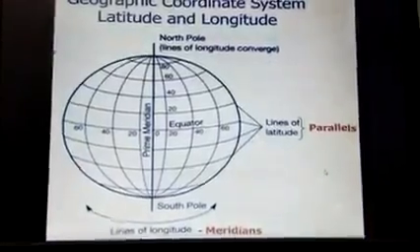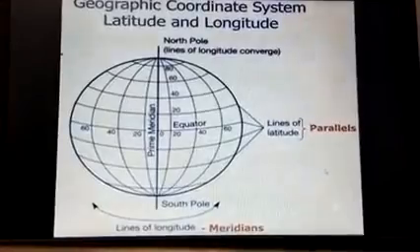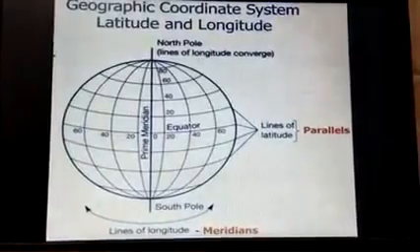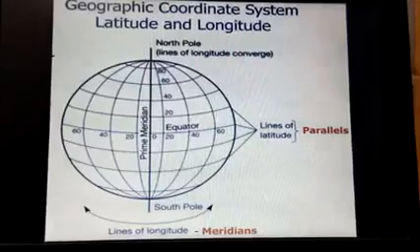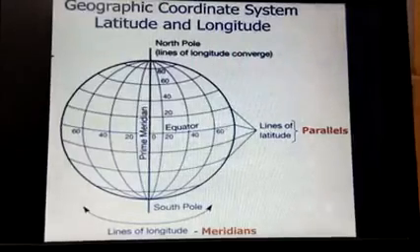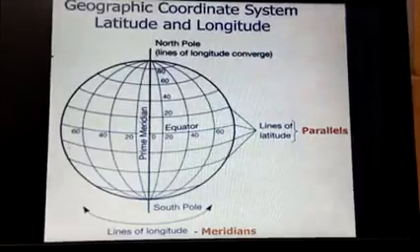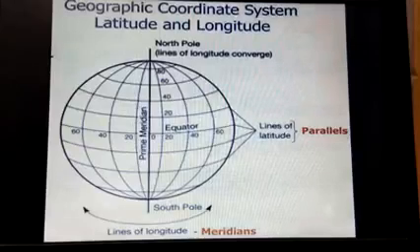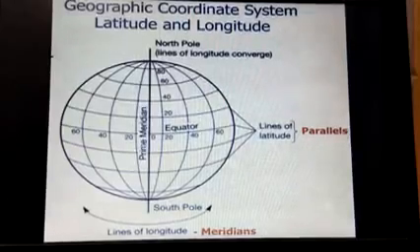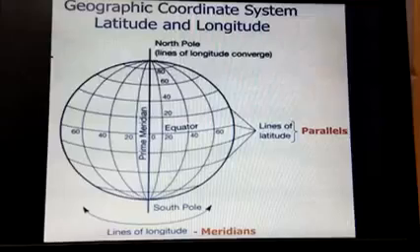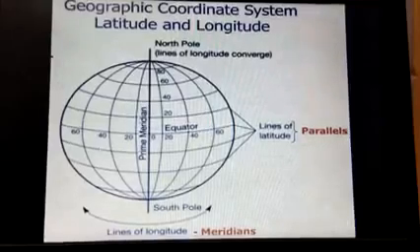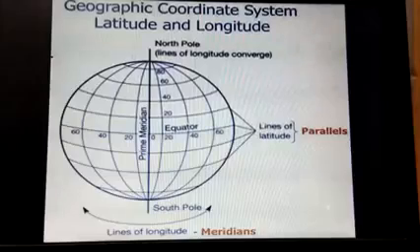See, here we have the geographic coordinate system of latitudes and longitudes. When we draw lines from east to west direction, like in your maths copy, and from north to south direction, they cross each other at 90 degrees, like roads crossing in one direction and another direction.